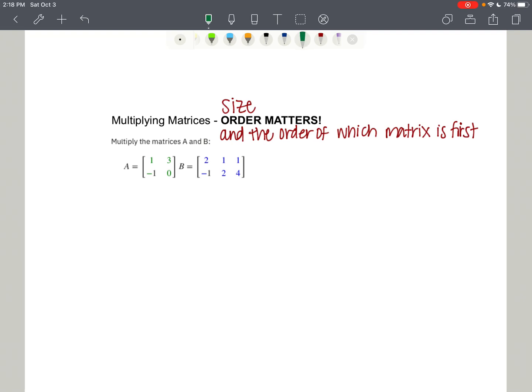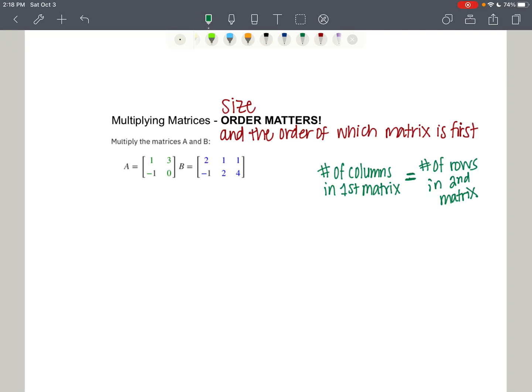We are going to take the number of columns in the first matrix and see if that is equal to the number of rows in the second matrix. If they are indeed equal, then we can proceed to multiplying the two matrices.